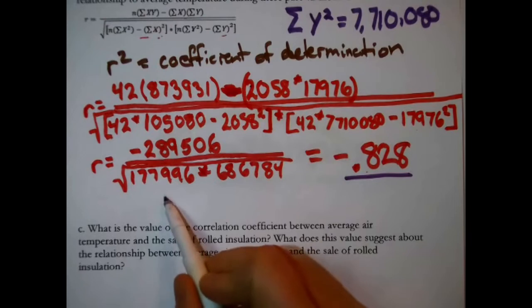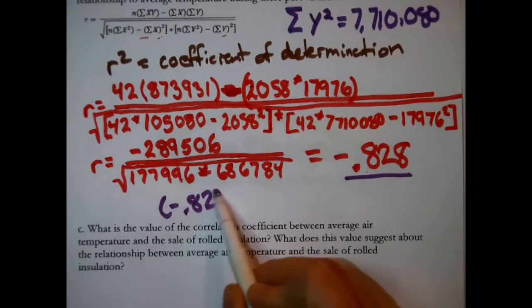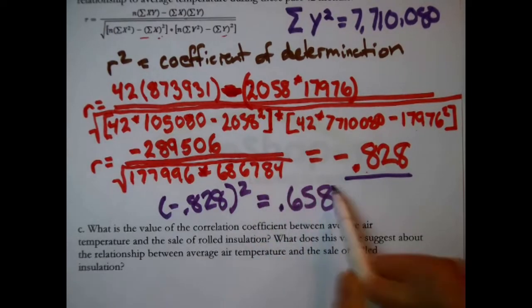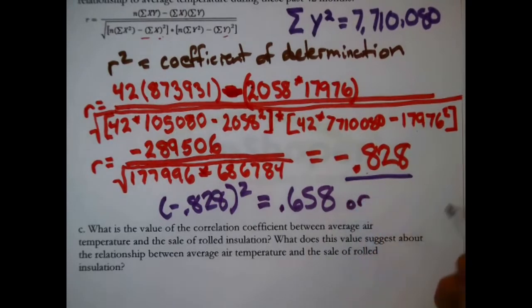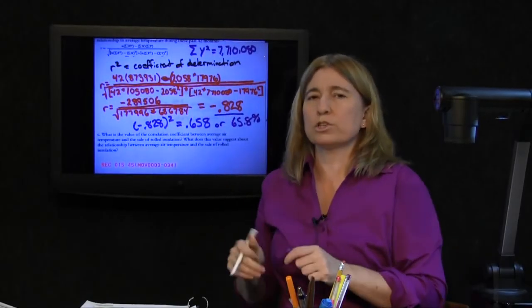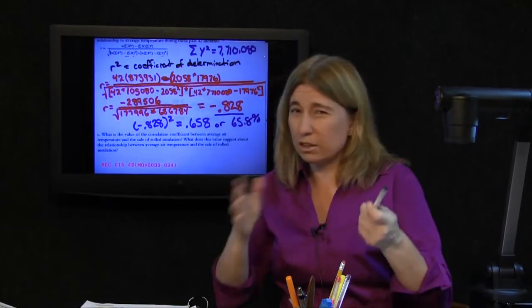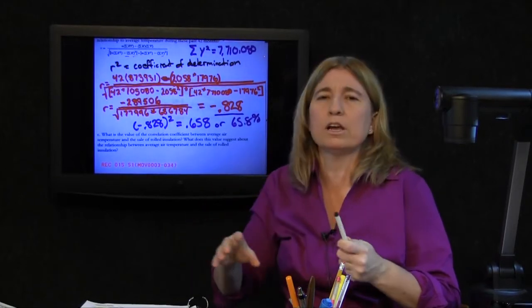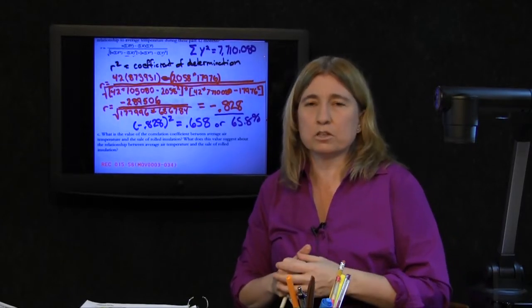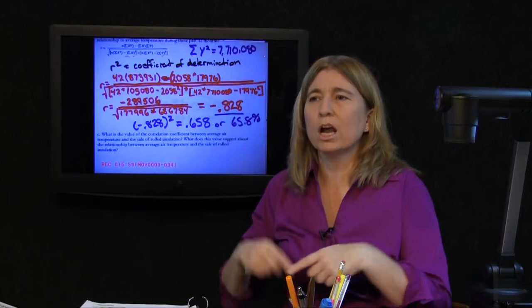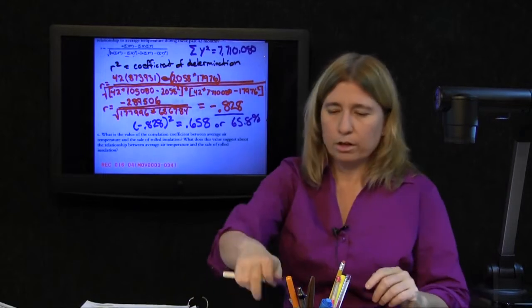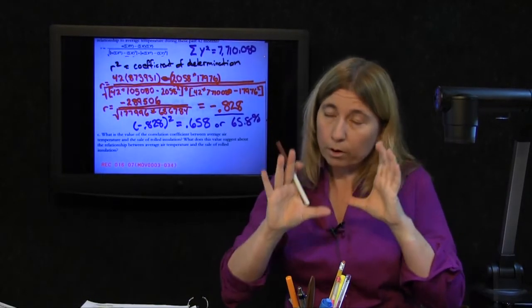So if you say negative 0.828, square it, you're going to get a positive number, 0.658, which can also be expressed, this is optional, as 65.8%, because we are answering the question that in those 42 months of past data on the manager spreadsheet, what percent of that variation is explained by the regression equation. And what we're saying is, it looks like a little less than 2/3, 65.8%. R squared is 0.658. So that answers the second part of the scenario.